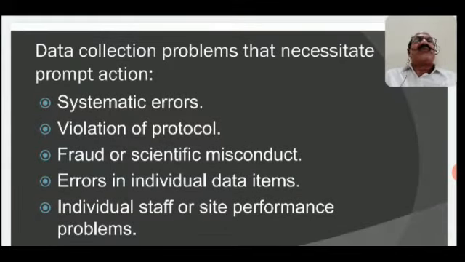So data collection is not free from certain problems. There are problems in data collection and handling, and when you find errors or problems, you must correct them immediately, or your whole database will be invalid or full of errors. One is the systematic error.